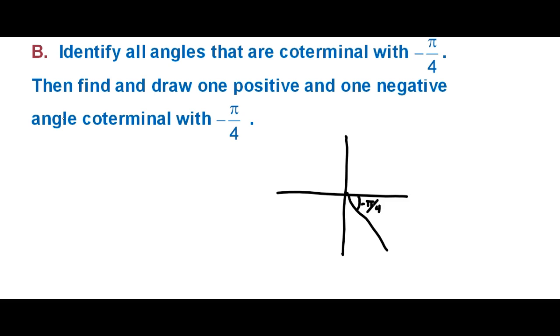We want to find everything coterminal with it. So we can't just add pi every time, because if I add pi, I'm going to end up somewhere out here 180 degrees away. We need to add 2 pi to get the full circle. So we would take negative pi over 4 plus or minus 2 pi times some number.